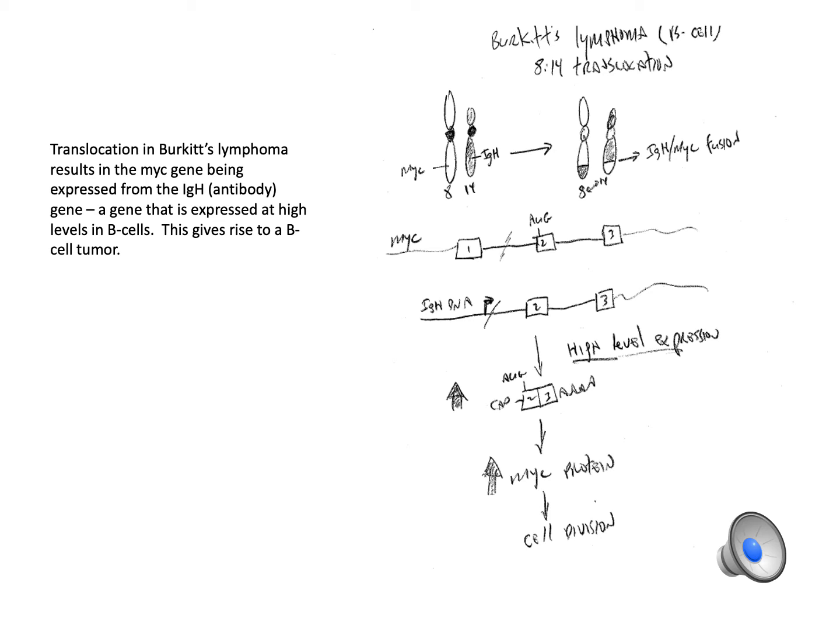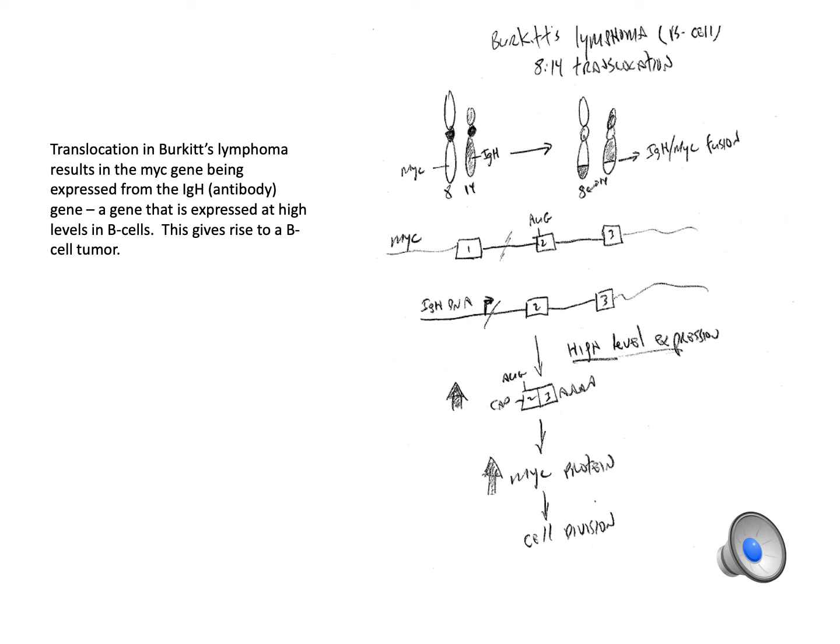If the same translocation were to occur, let's say, in a liver cell or a skin cell, we would not get that elevated expression of the MYC because those cells don't express antibody. So the antibody expression drives the expression of the MYC gene.